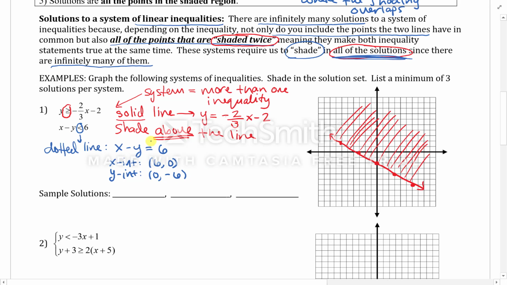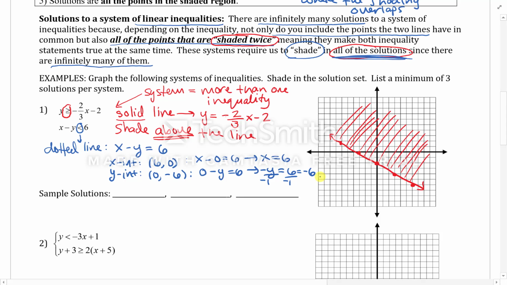So really quick review of how I do that. To find the x-intercept, I just plug in 0 for y, and then that just left me with the equation x equals 6. And then to find the y-intercept, I plug in 0 for x. So that left me with this equation, negative y equals 6, and then you just have to divide by negative 1 to find out that y is negative 6. So just a quick review of intercepts.